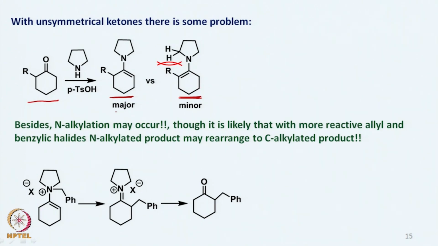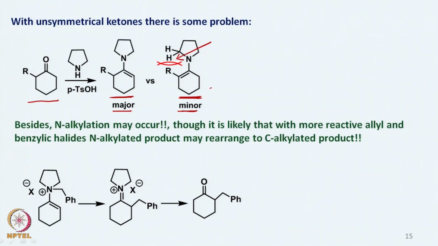The major one formed is this, and the minor one is this. It is minor because the hydrogens present here give steric hindrance to this R group, and therefore there is a steric repulsion, and the compound forms in minor amount.